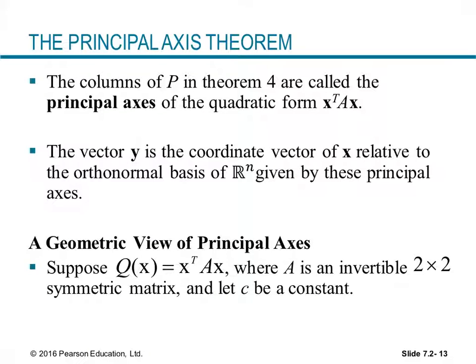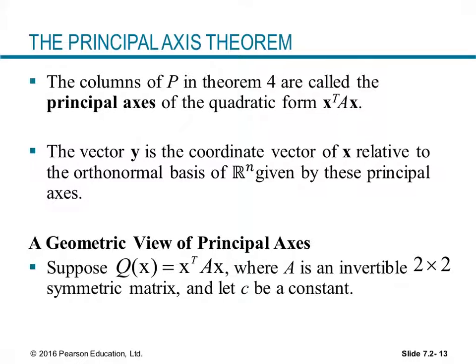The columns of P in Theorem 4 are orthonormal eigenvectors of the matrix A, right? And these orthonormal eigenvectors will construct a basis for Rn space. And these n vectors may be called the principal axes of the quadratic form.